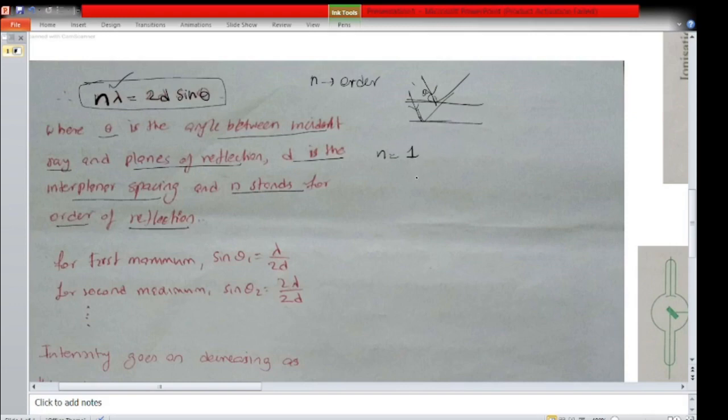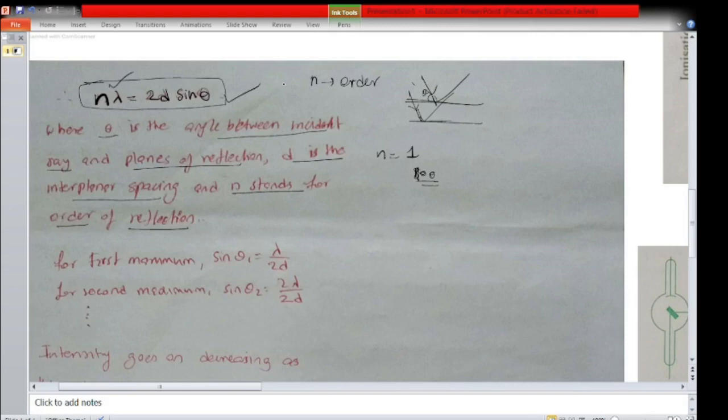For example, if lambda is some 100, I'm just giving some number, not the exact wavelength, then 2d sine theta has to be 100. Then only you will get that bright spot.